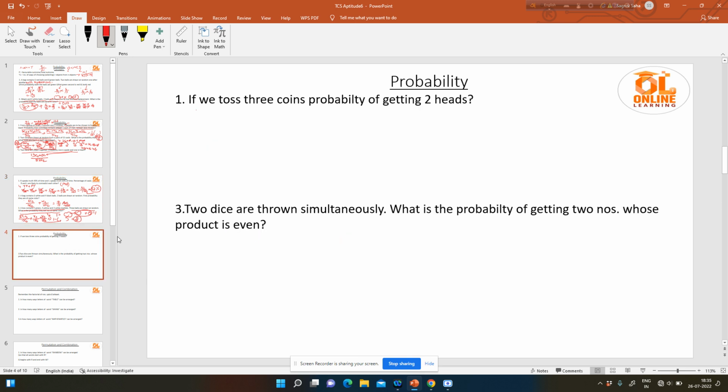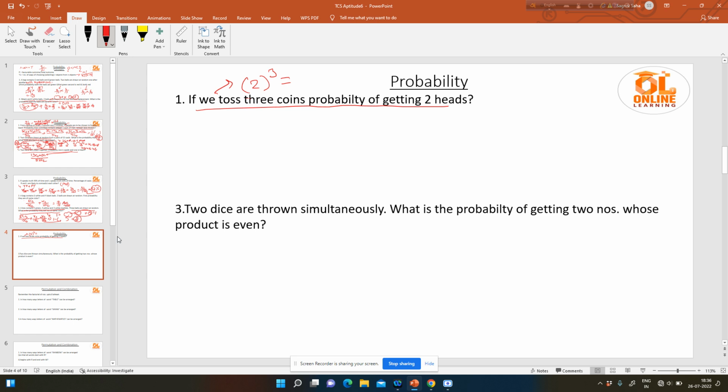If we toss 3 coins, what is the probability of getting 2 heads? How many are the outcomes? Likely outcomes could be head or tail, that is 2, and we have 3 coins, so we can write 2 to the power 3.